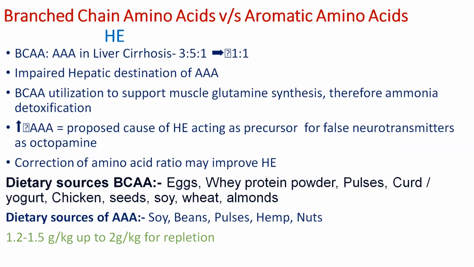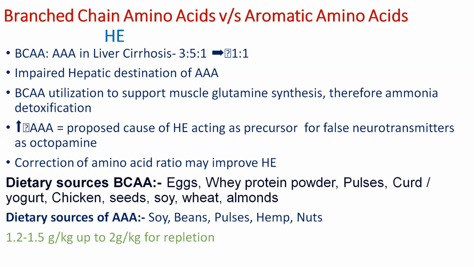Whey protein, 2 scoops of whey protein provides 5.6 gram of branch chain amino acid. Pulses, curd, yogurt, chicken. Again, 2 pieces of each 30 gram. Low fat chicken preparation provides 6.8 gram branch chain amino acid.